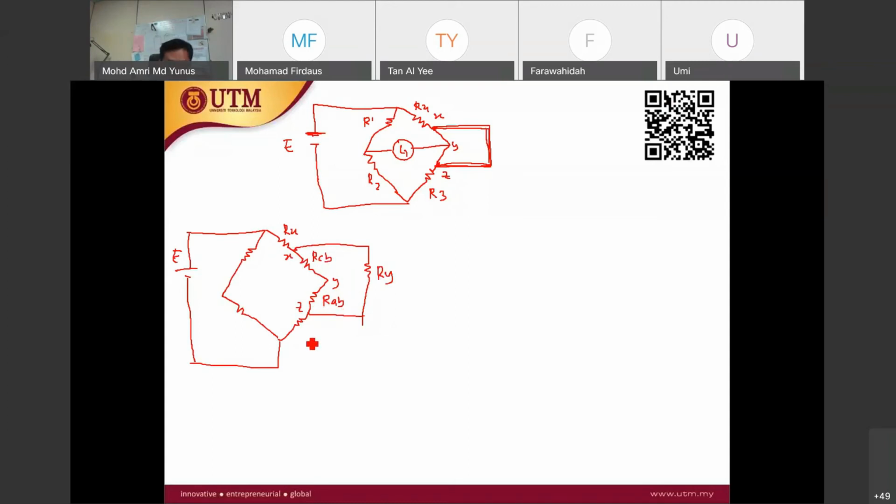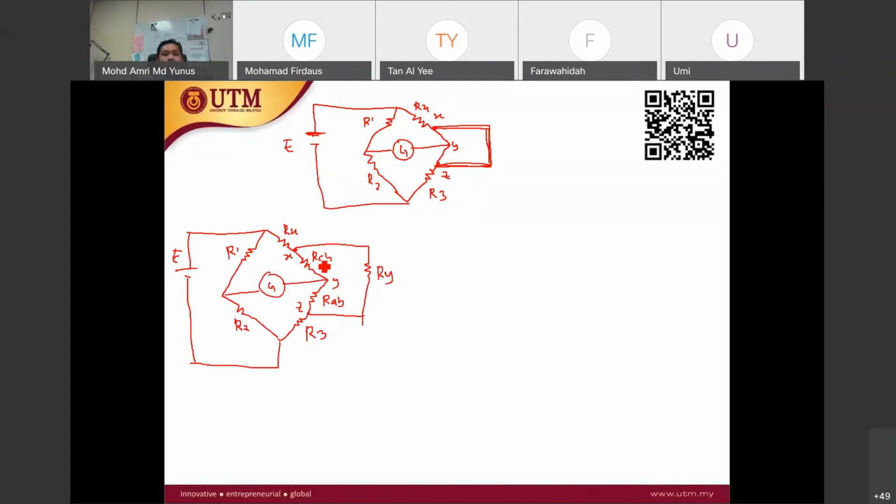This is R3, this is R1, and this is R2. The thick wire introduces a resistance between X and Y called RCB, between Y and Z called RAB, and between X and Z called RY.